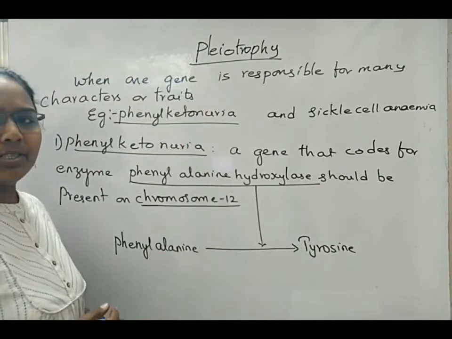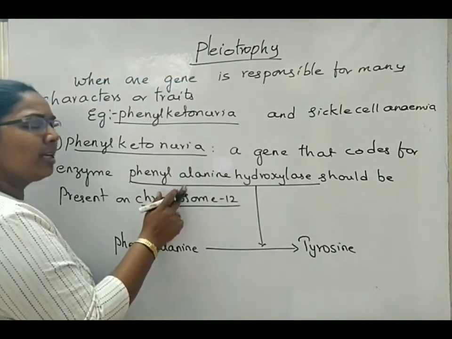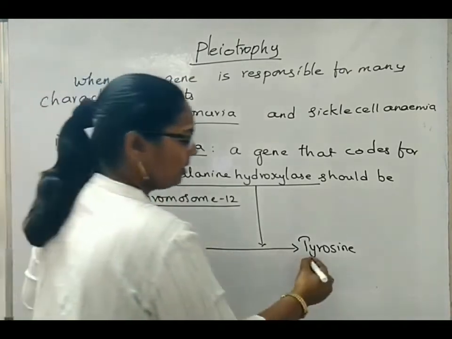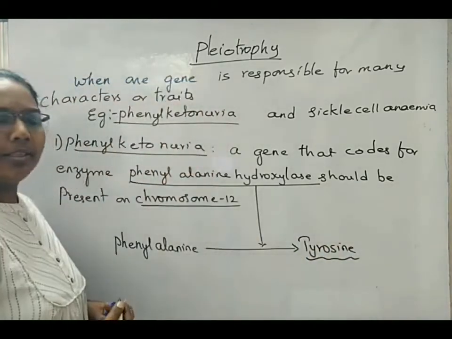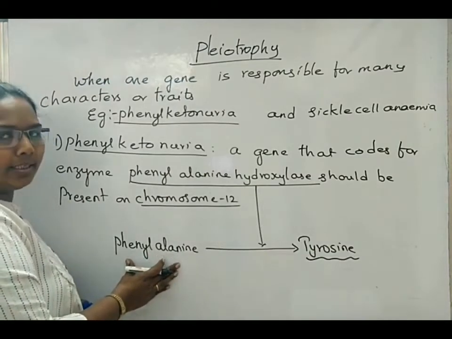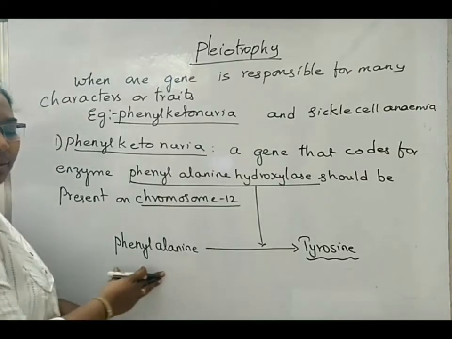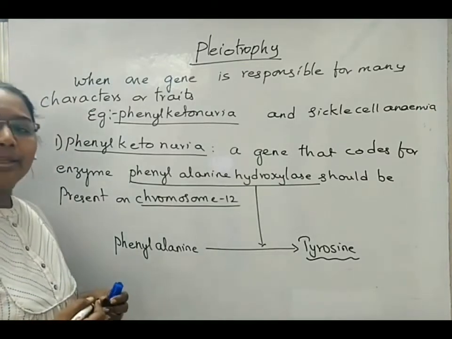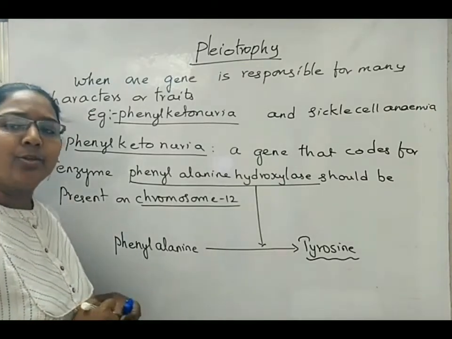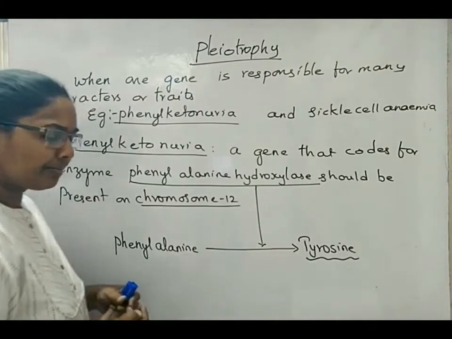When this enzyme is absent, or when the gene responsible for coding this enzyme is absent, then phenylalanine is not converted into tyrosine and it will be highly accumulated in the body. When this is highly accumulated, it is converted into phenylpyruvic acid, which gets accumulated in the brain and causes damage to the brain.